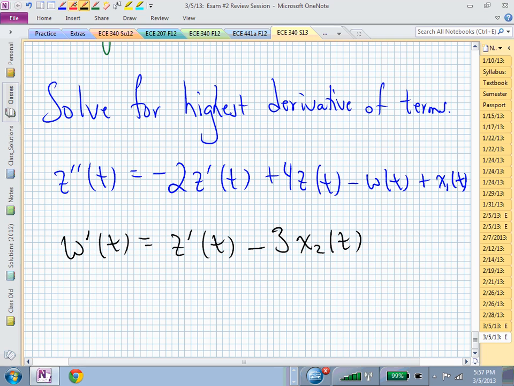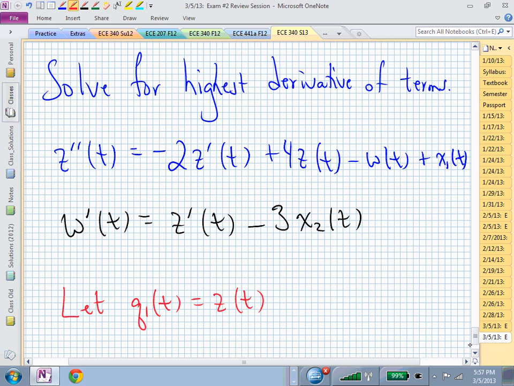Doing that, let's start the process and say, okay, I don't know where I'm going. Let me just say that q1 is z of t. And now I just keep assigning state variables until I get to the end of the line, which is to say that if I differentiate this, I end up with this highest derivative.